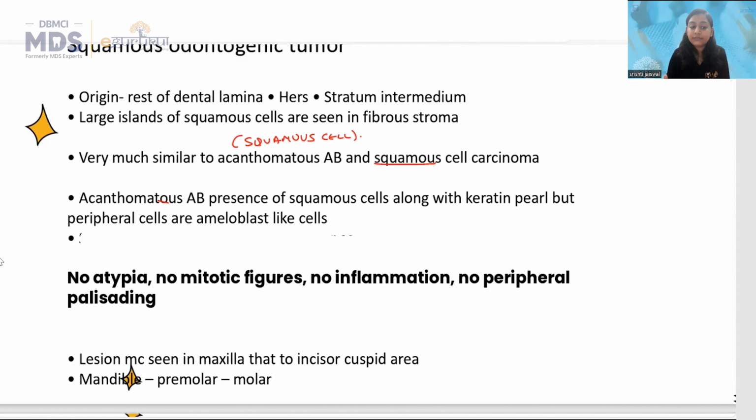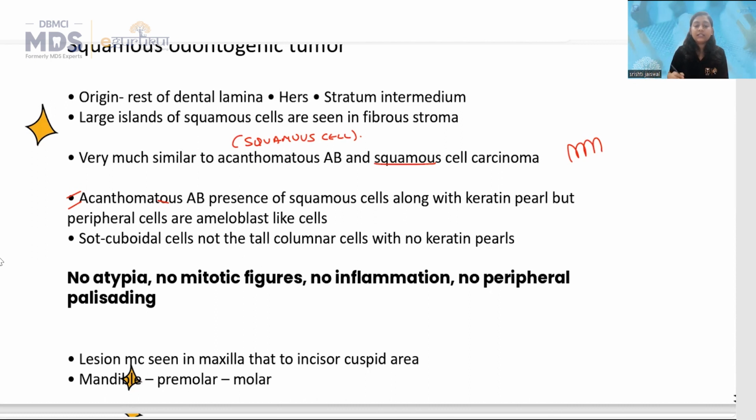So now how will we differentiate acanthomatous ameloblastoma and squamous odontogenic tumor? So in acanthomatous ameloblastoma, the peripheral cells are tall columnar cells with hyperchromatic nucleus. But in squamous odontogenic tumor, we see cuboidal cells, not the tall columnar cells, and also here the keratin pearls are not seen.